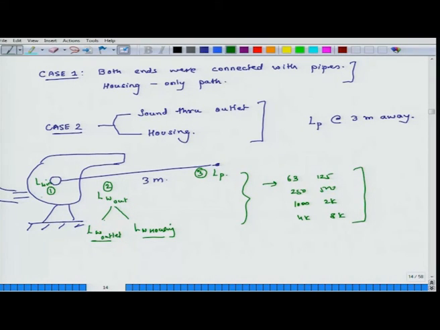I have already computed LW in, that does not change. What is LW outlet? It is LW in minus 3 decibels.